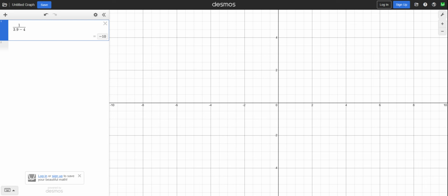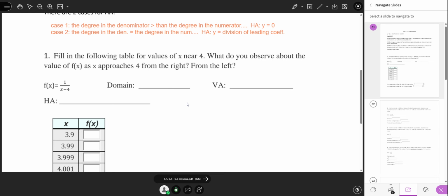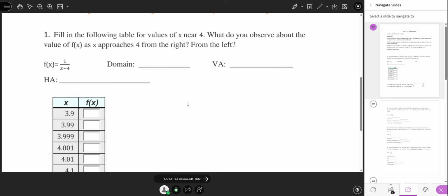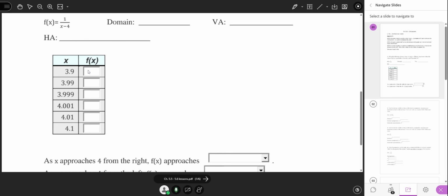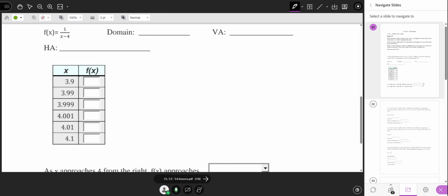Now, I went a little bit far. This was negative 10, negative 100, negative 1,000.